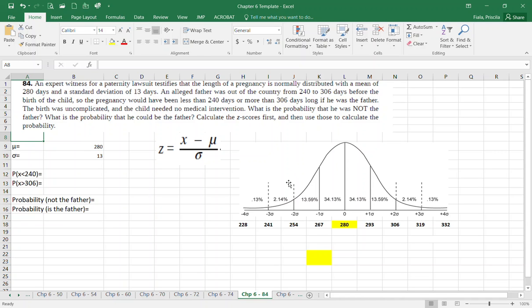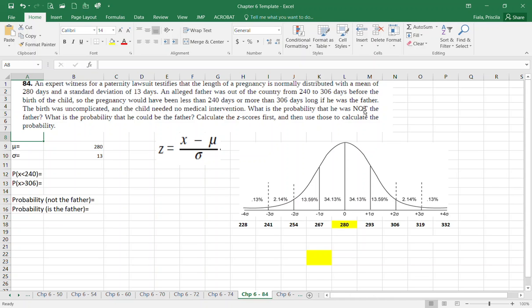So all this area right here, this person who could possibly be the father was out of the country. So there's no way that with all this percentage here he could be the father. And this is exactly what it's asking us. We're going to calculate the probability that he's not the father.